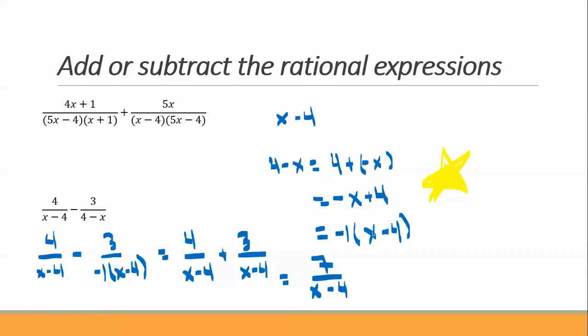And in general, a minus b is the same as negative 1 times b minus a. We'll be doing that quite a bit, where we'll be switching the a minus b to b minus a, or anything that's a difference like that.